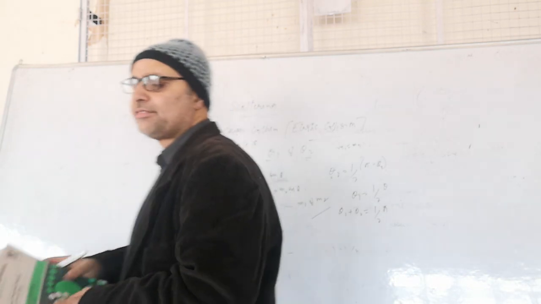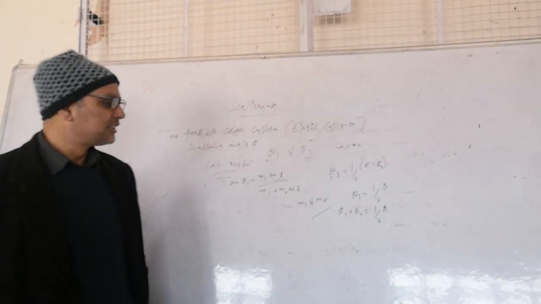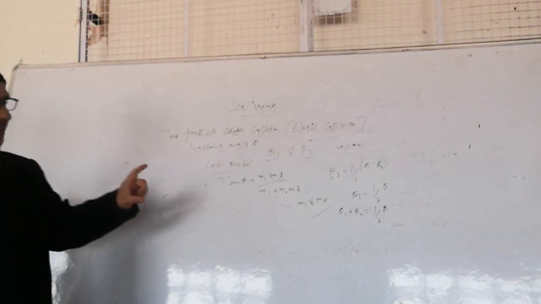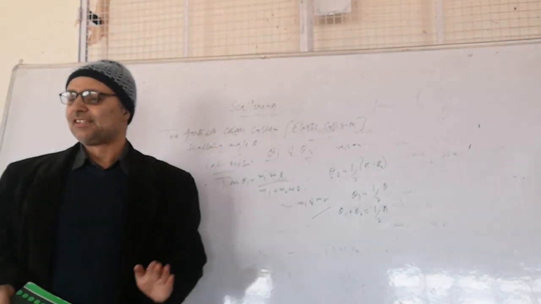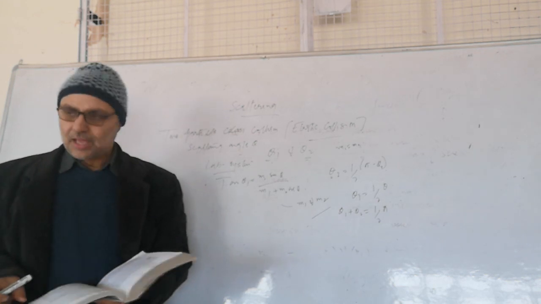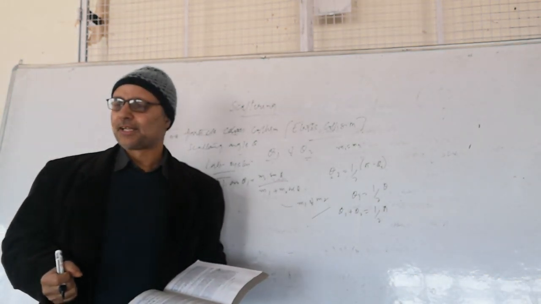This means that if the sum of two scattering angles is pi by 2, the two particles after a collision will diverge at right angles. Now this is the classical analogy, but now we are interested in the quantum mechanical thing.